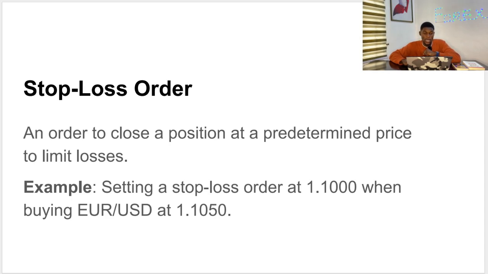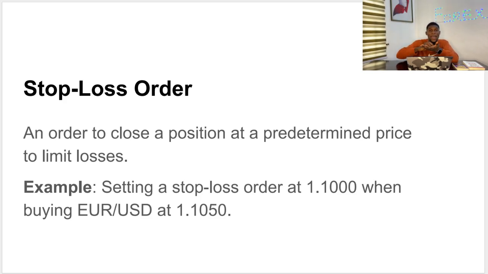So, stop loss order. An order to close a position at a predetermined price to limit your losses. For example, setting a stop loss order at 1.1000 when buying EUR/USD at 1.1050. For example, let us say I'm expecting the price of gold to go up.